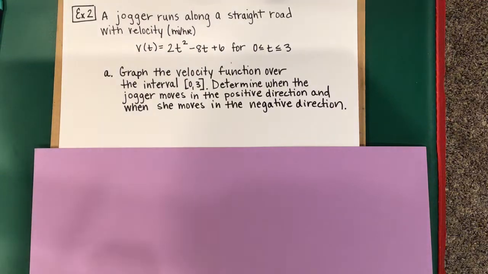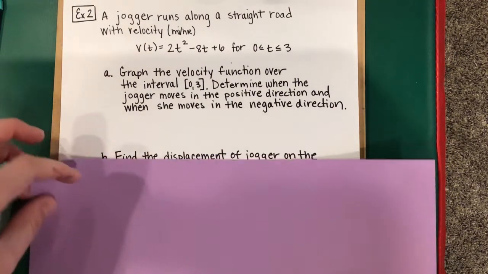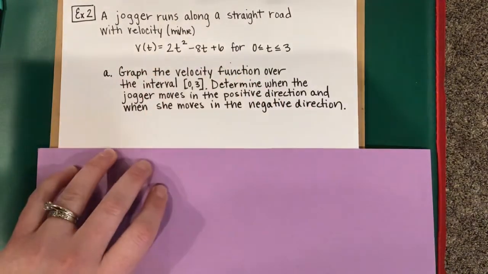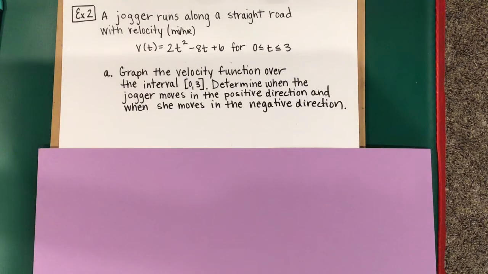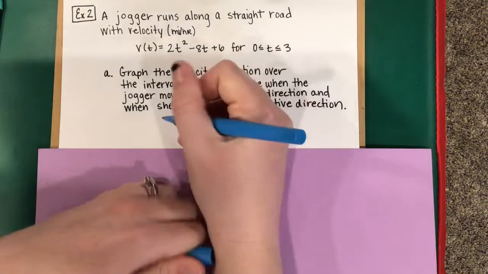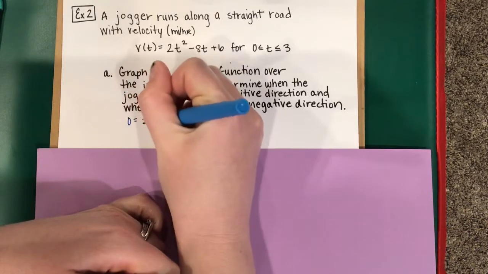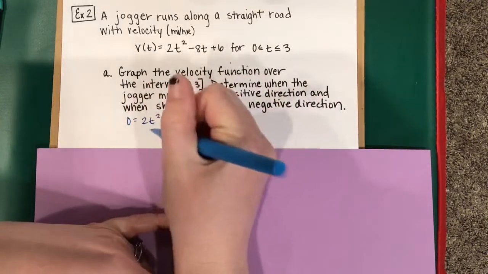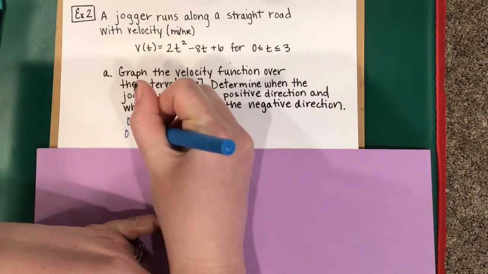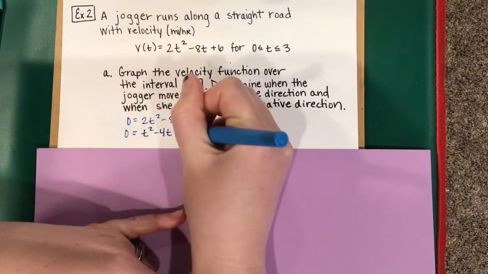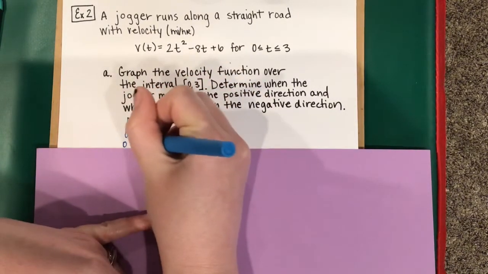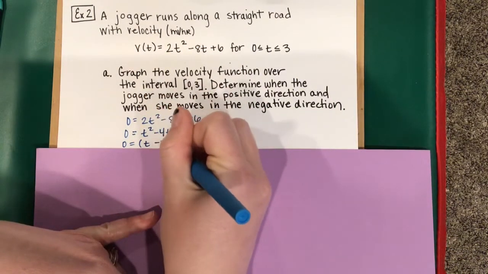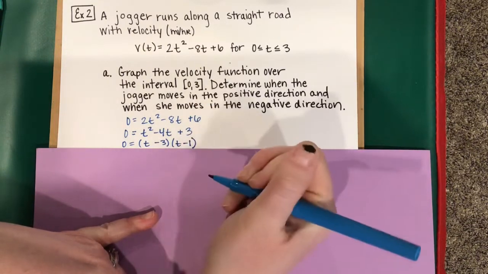So if we're going to sketch the graph of this, the first thing we're going to want to find out is where my zeros are. So if I set my velocity function equal to 0 and I solve for t, I can divide everything by 2, and then I'm left with 0 equals t minus 3 and t minus 1.